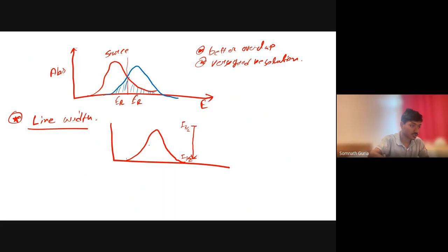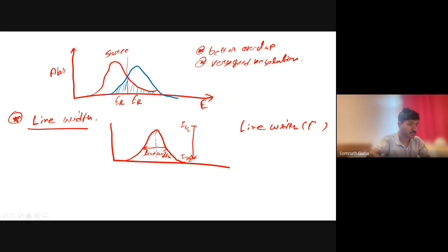The full width at half maximum of the transition is called the line width. This line width is capital gamma.